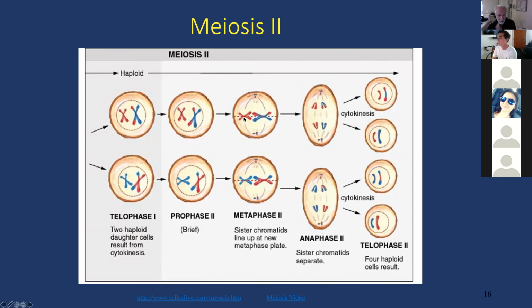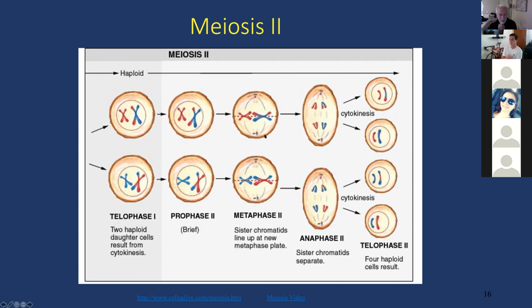Now, when they line up at metaphase 2, again, this is entirely a random process, and either chromosome can go to either pole. And at this point, the centromeres split so that one chromatid of each homologous pair goes to one side and the other chromatid goes to the other side.